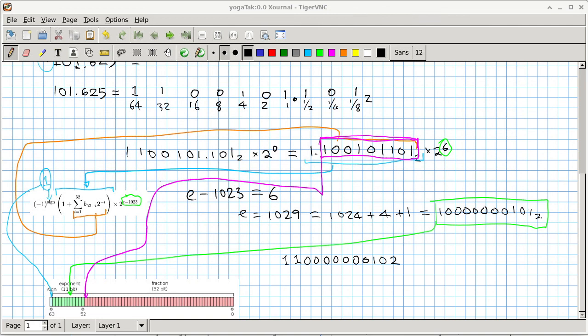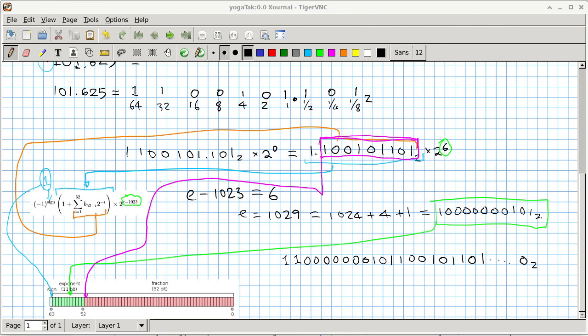And then the pink portion, which is the fractional part of the mantissa, though it is using the magenta line, is 1, 0, 0, 1, 0, 1, 1, 0, 1, and then the rest are all zeros.